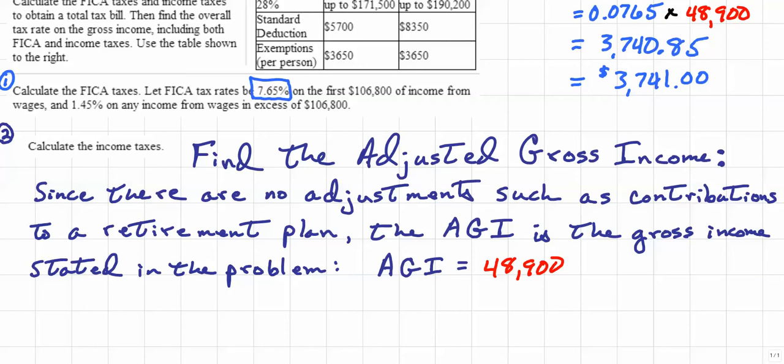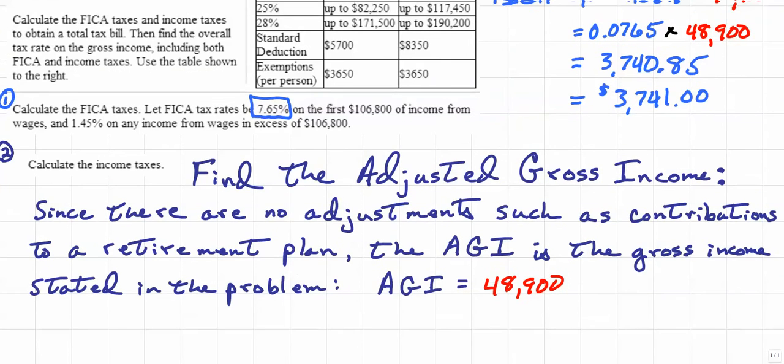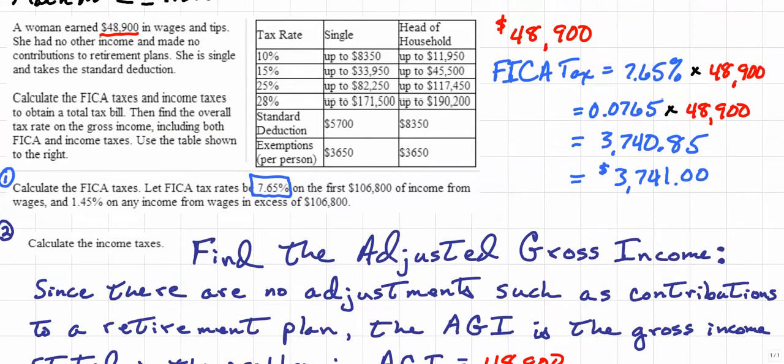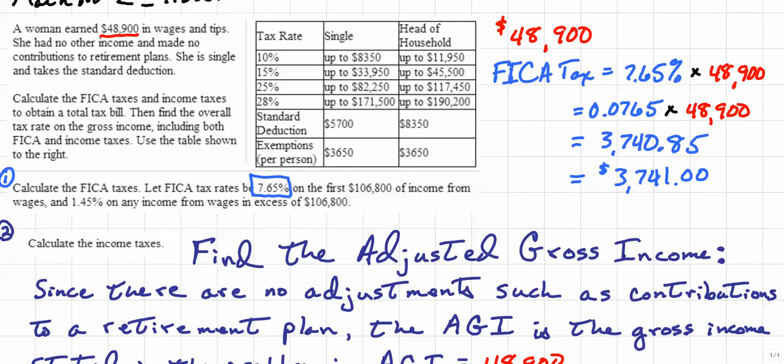However, we do note, and I'll scroll back up so that we can look at it, that she is single and takes a standard deduction. So if she is single and takes the standard deduction, that means we will subtract $5,700 from her adjusted gross income to get the taxable income.